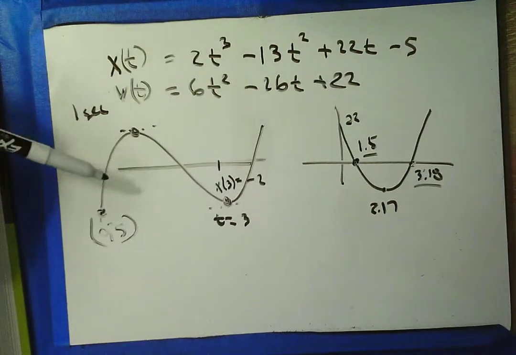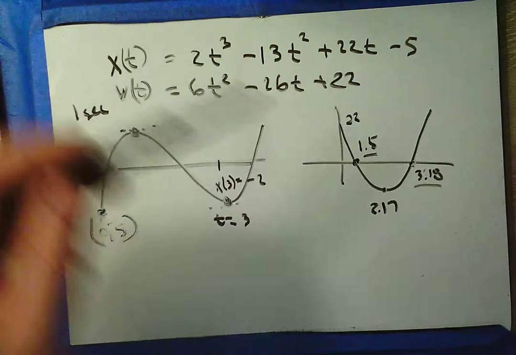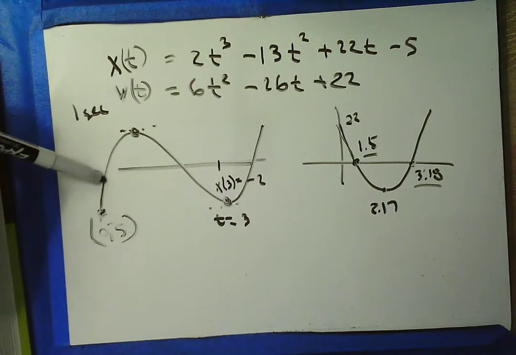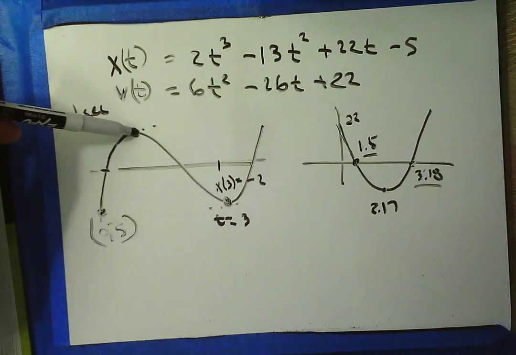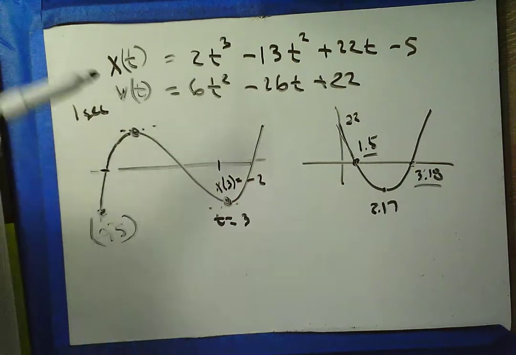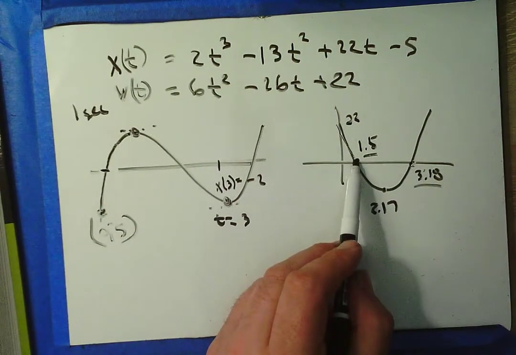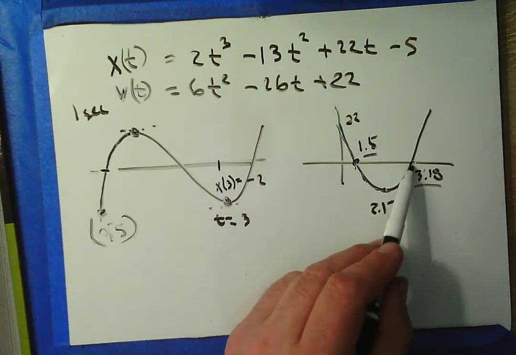So let's talk about what's happening with this particle. Okay, particle is moving to the right and stops. So the particle is moving to the right. It passes the origin, continues to move to the right because of these positive slopes, goes as far as possible to the right as it's going to go initially, and then it stops moving at this 1.5 second moment. We start moving to the left because of these negative slopes.